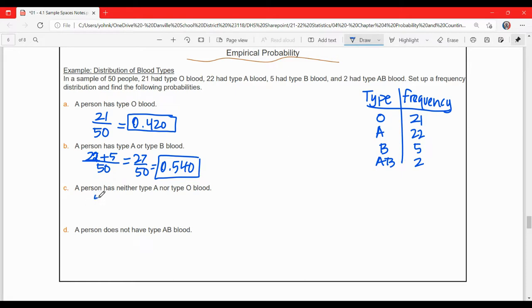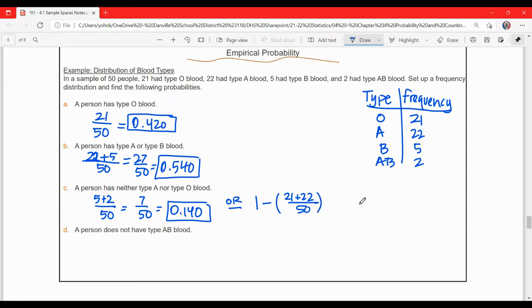So I can do 5 plus 2 over 50, which is 7 over 50, which is 0.140. Or I could have done 1 minus 21 plus 22 over 50, and you get the same thing. This gives you 7 over 50, which is also 0.140.